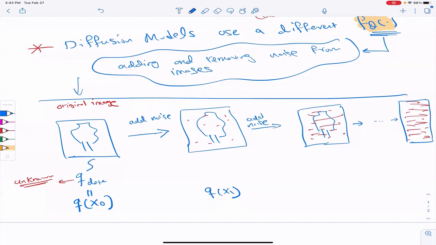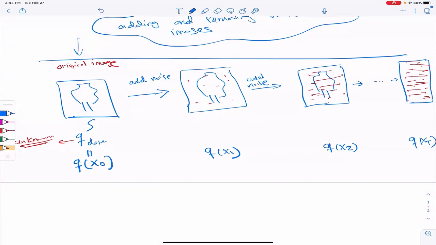Similarly, at the next step, you're going to get QX2, up until the last step. If you're doing it capital T times, you're going to get QXT. That's the distribution of your noisy samples after T steps of adding noise to your original samples.